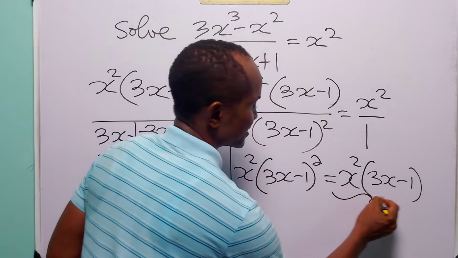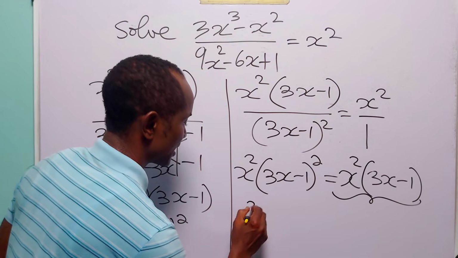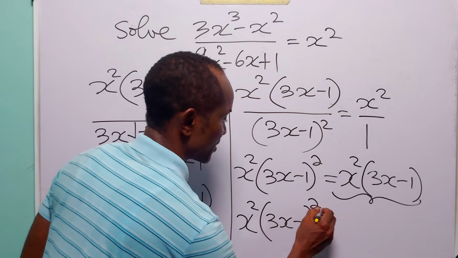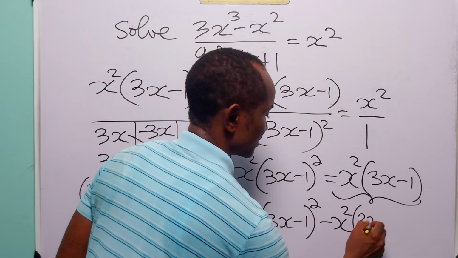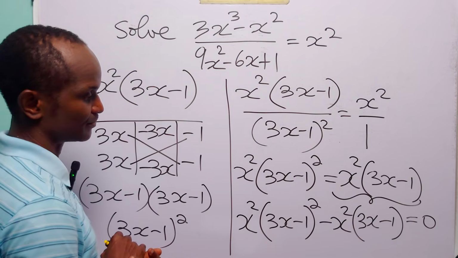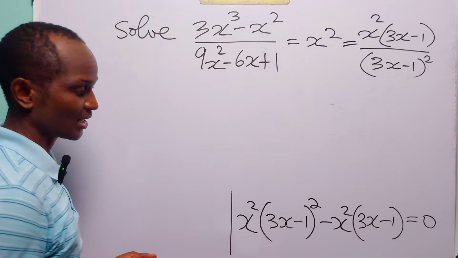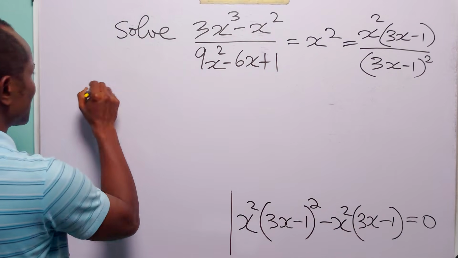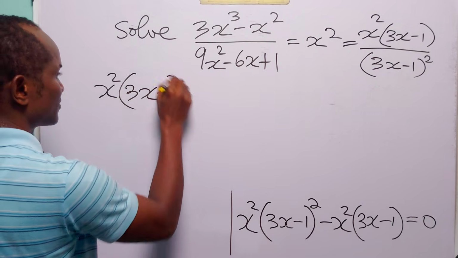Now let us move this term over to the left hand side. When we do that, we have x squared times 3x minus 1 squared minus x squared times 3x minus 1 is equal to 0. Now, when you look at this equation, you're going to see a common factor, x squared times 3x minus 1. So here we have x squared times 3x minus 1.